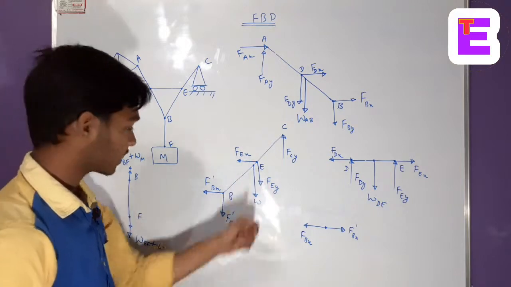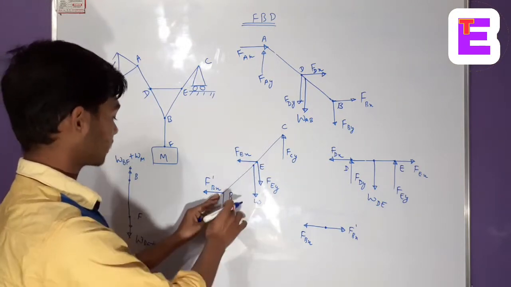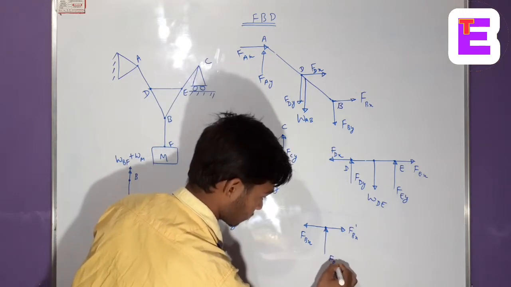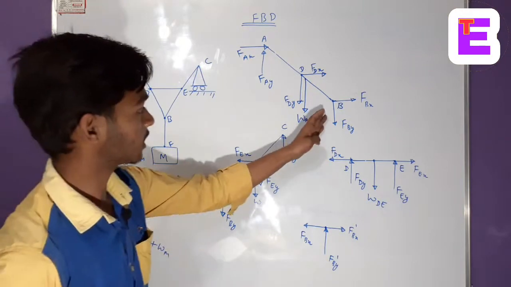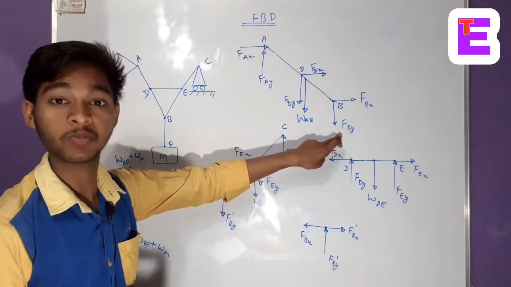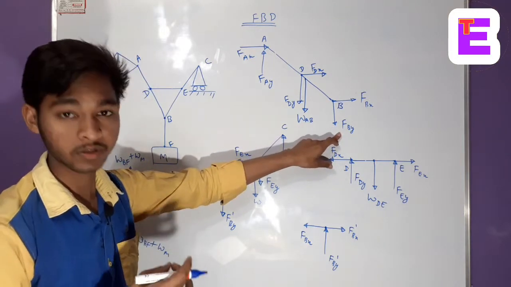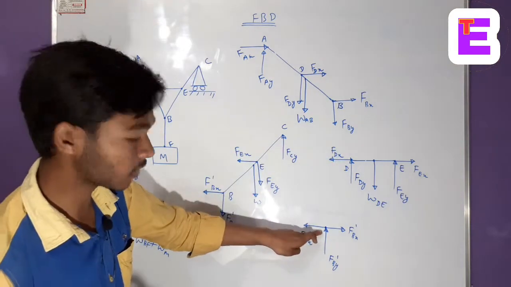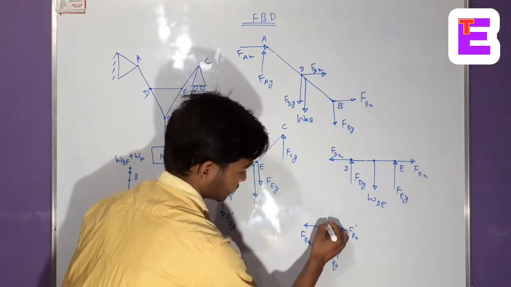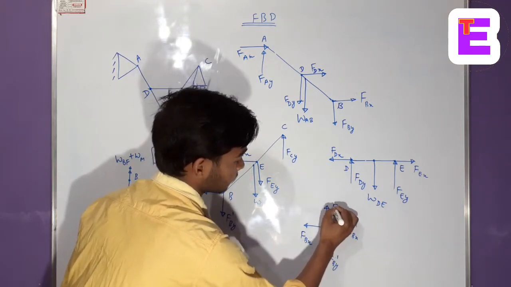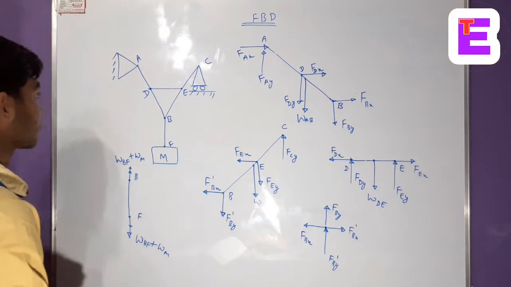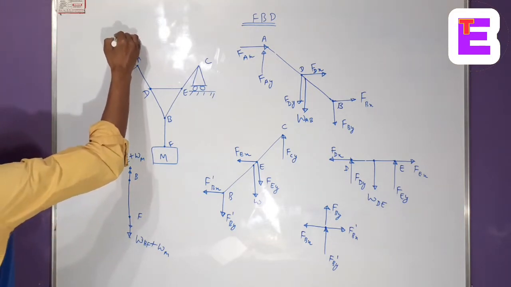And similarly for y direction also, here for BC part it is in downward, so for this it will be in upward direction, F By dash. And similarly for this AB part it is experiencing the force in downward direction, that is F By. The same force will be experienced by this point in the upward direction, okay. So we can say F By. So this is basically the free body diagram of this complex mechanical system.